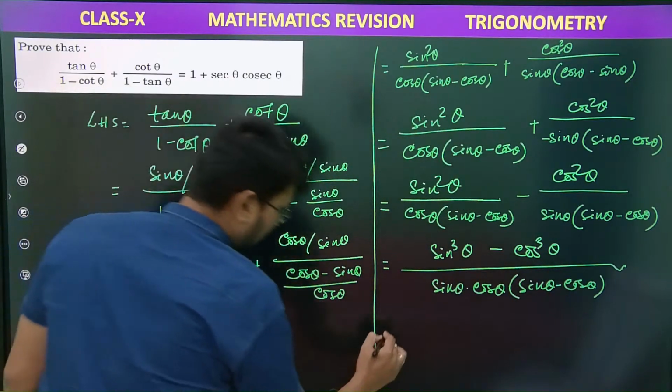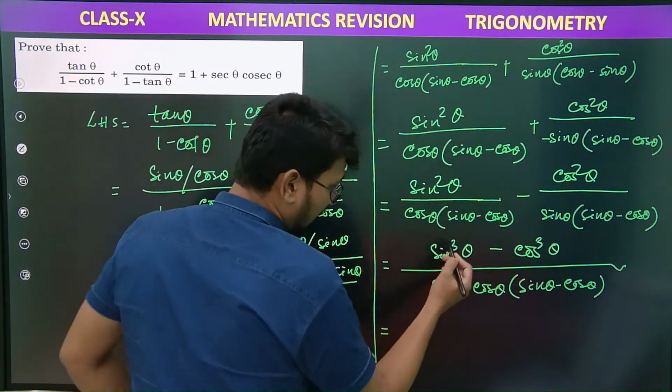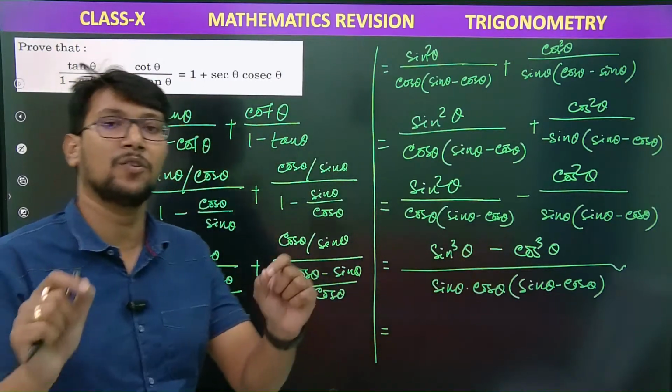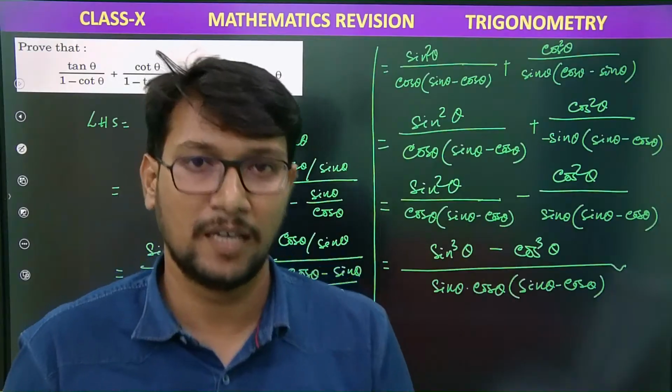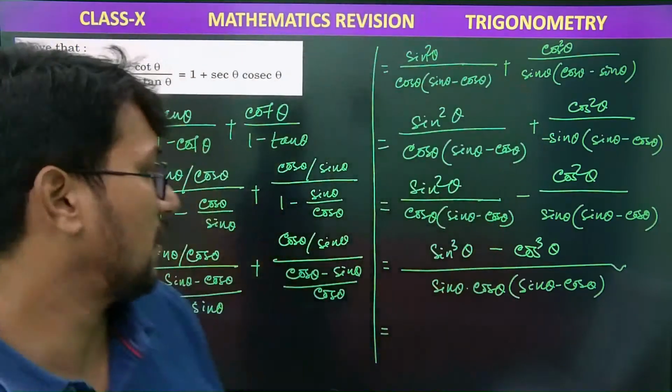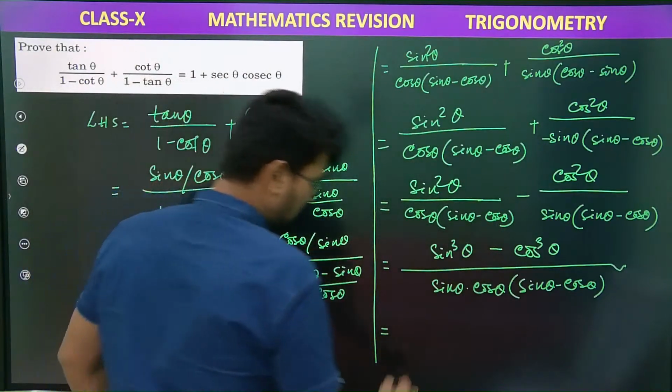Okay, so then on numerator, a cube minus b cube formula, what is that? A minus b into a square plus b square plus ab.